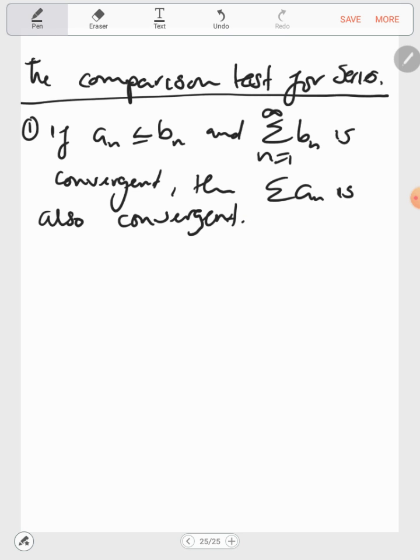Okay, so this one states that if the bigger function is convergent, then the smaller one will also be convergent.